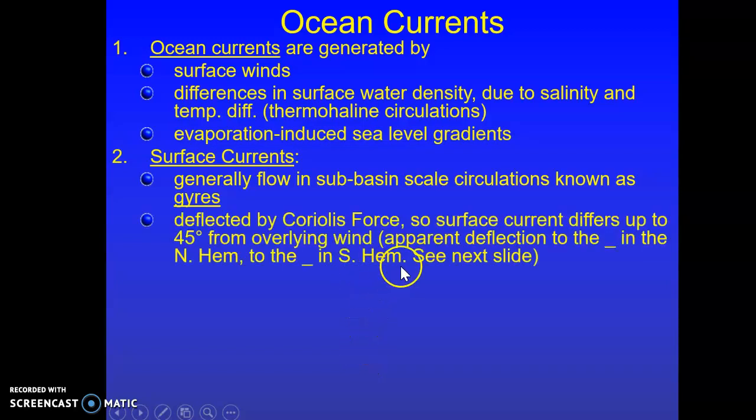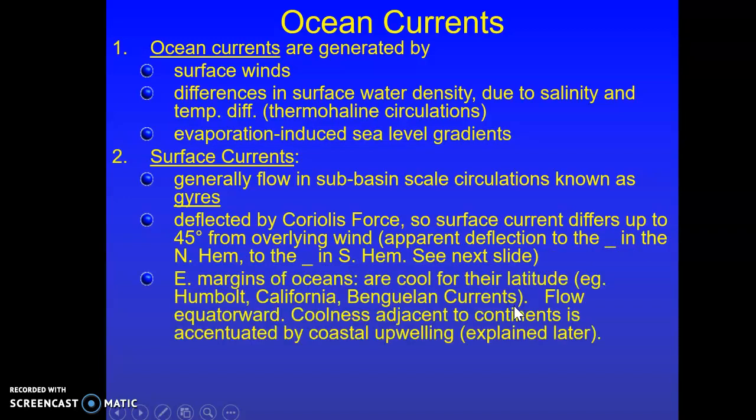So that Coriolis surface current differs up to 45 degrees from the overlying wind, and that apparent deflection is to what direction in the northern hemisphere and what direction in the southern. So remember that with the winds, it's to the right in the first, so it's the opposite for the southern hemisphere.